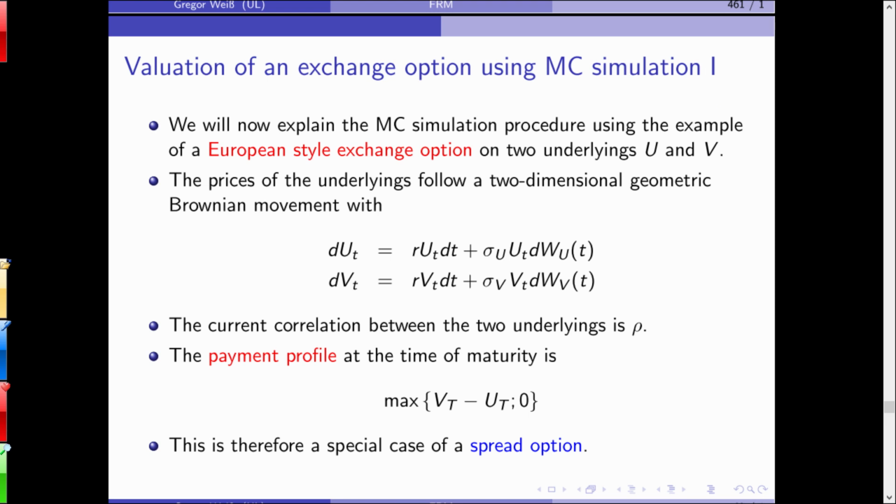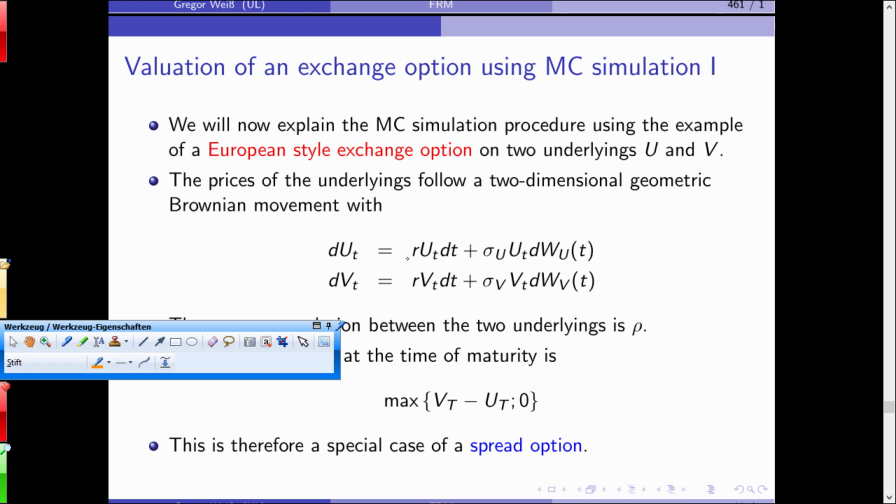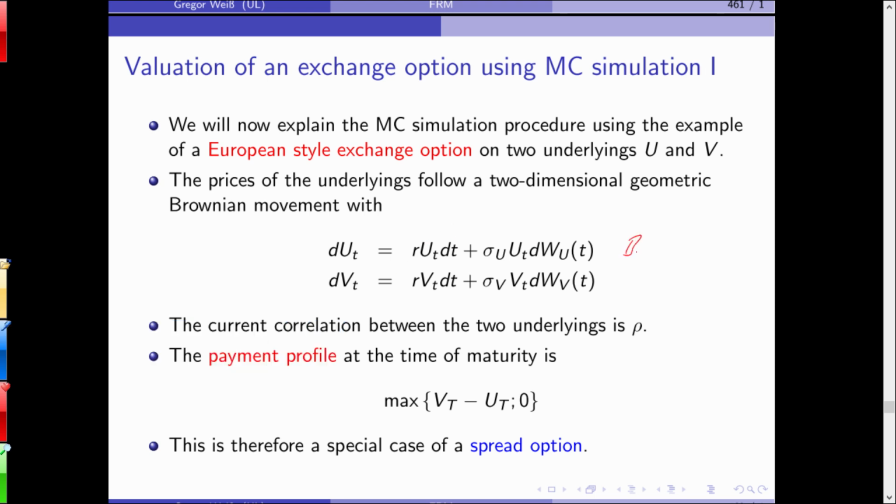So let's say, for example, U is BMW, and V is Daimler, and the payout profile means that you're getting paid this difference. This is why it's called a European-style exchange option. It's not a plain vanilla option.